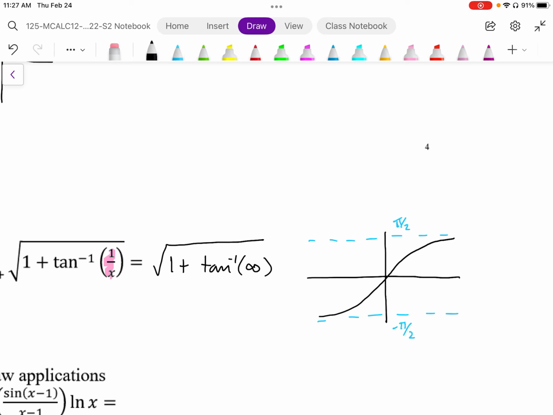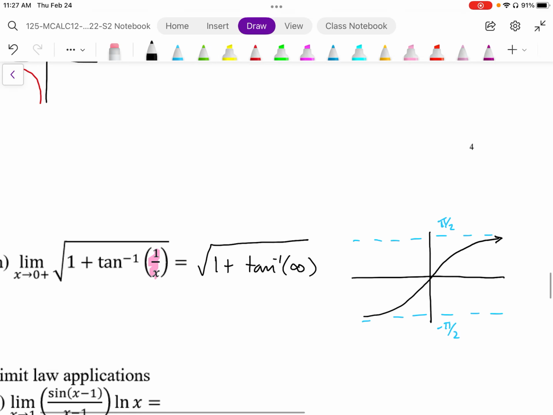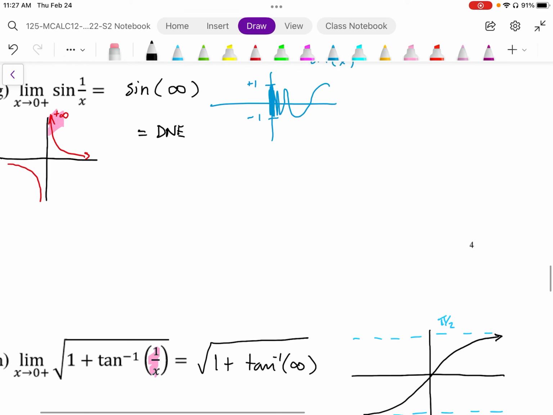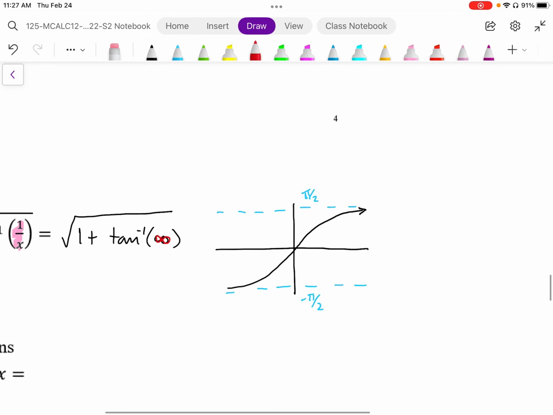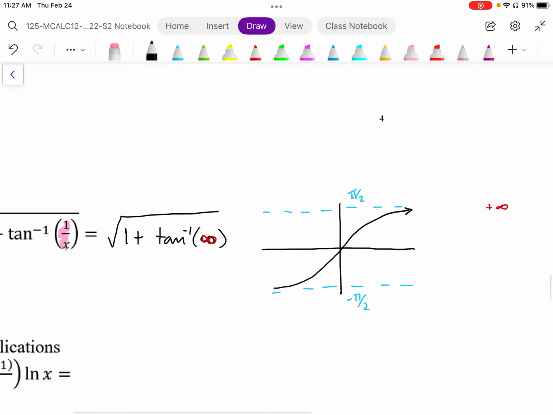As the input becomes infinite, which is what happens when the inside goes to 0 from the positive side, that value going into the arctan function is becoming infinite. So as we go to positive infinity on the arctan function, that arctan value tends towards pi over 2. So then we can actually evaluate this. This becomes the square root of 1 plus pi over 2, since that arctan value tends towards pi over 2, and that then becomes the limit.